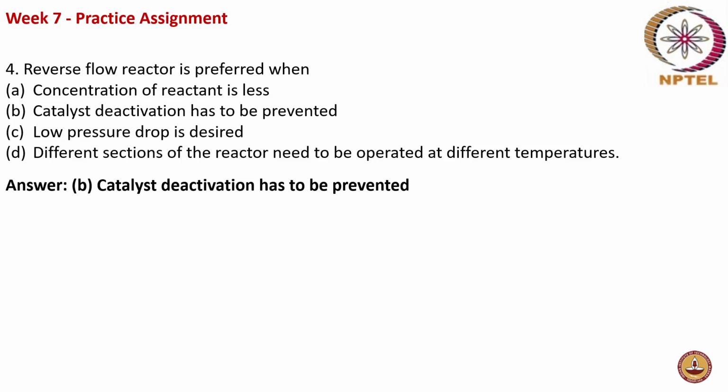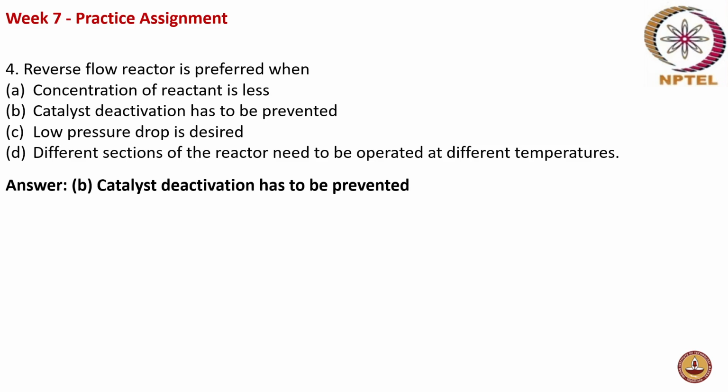Why is it so? Especially in the case of an exothermic reaction, there is always a temperature increase along the length of the reactor. This temperature increase may have an impact on the catalyst property. For example, if the temperature increase is much higher and comes closer to the melting point of the catalyst, then there will be a loss of catalyst, right? And the catalyst gets deactivated.